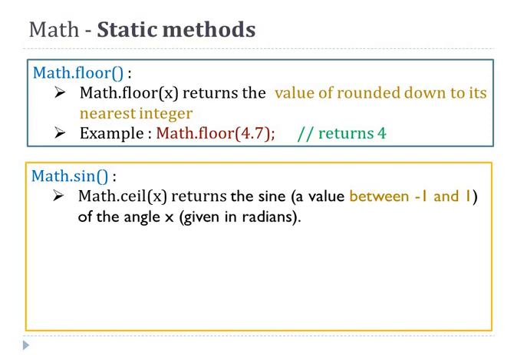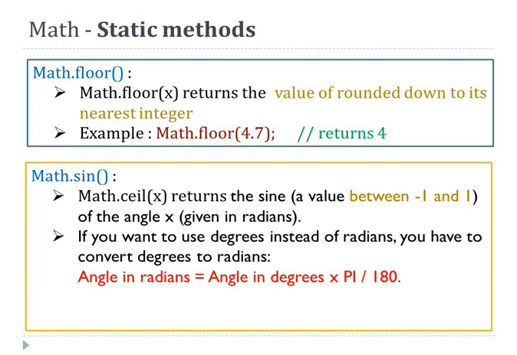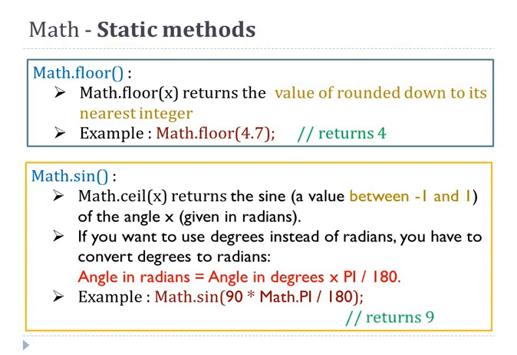If you want to use degrees instead of radians, then you have to convert the degrees to radians. This one is an example. Math.sin, you just need to pass the value as a parameter, and it will return the sine.